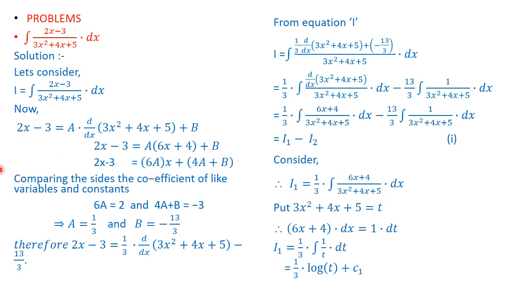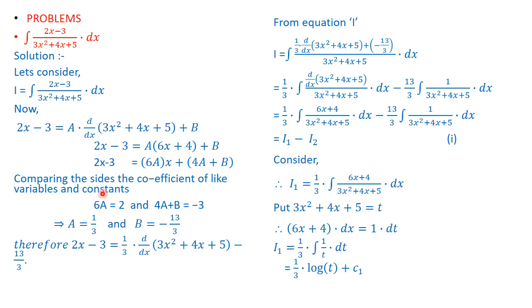So this can be written as 2x minus 3 is equal to 6ax plus 4a plus b. Collecting the terms of x together, only one term, 6a into x, and collecting the constants, 4a plus b. Therefore, we have 2x minus 3 is equal to 6ax plus 4a plus b.